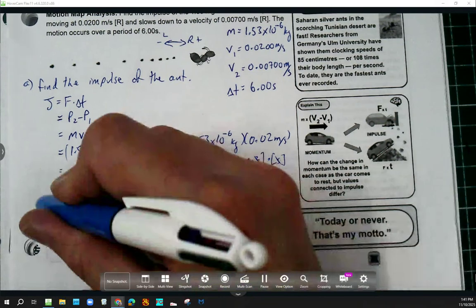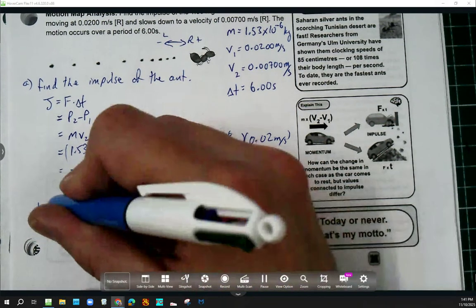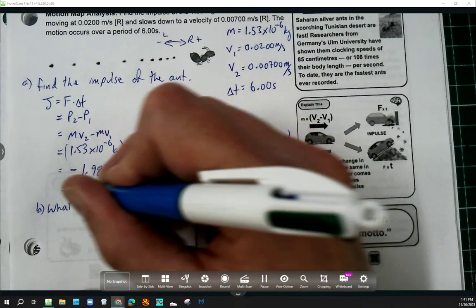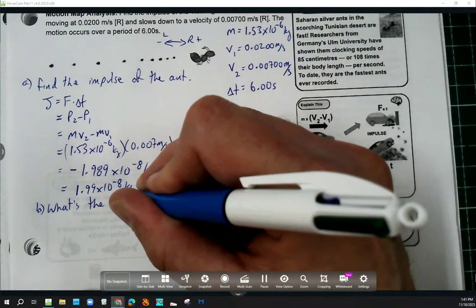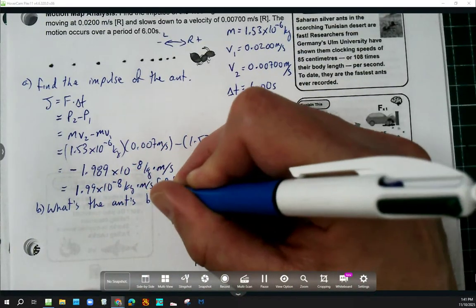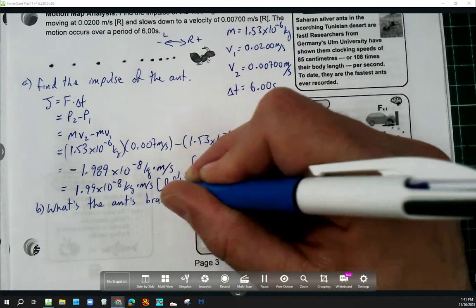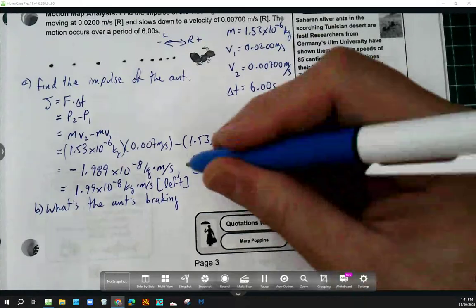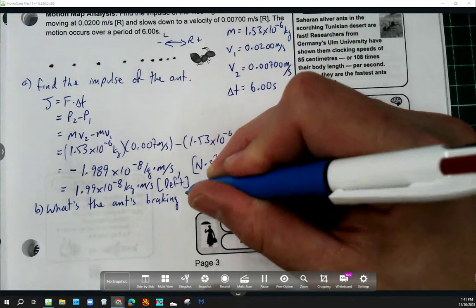Now, a follow-up question might be, what's the ant's braking force? I'm talking about like car brakes. What's the force that slows this ant down, the braking force?